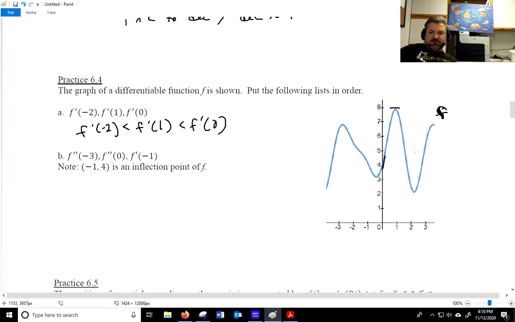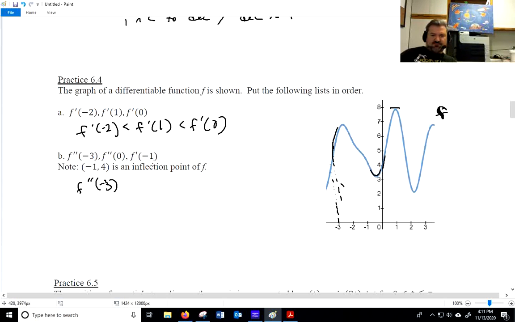At -3, what is the graph doing? Well, we appear to be concave down in that region. So that's going to be a negative number. At 0, we appear to be concave up there. So that's going to be a positive number. And we're told that -1 is an inflection point.